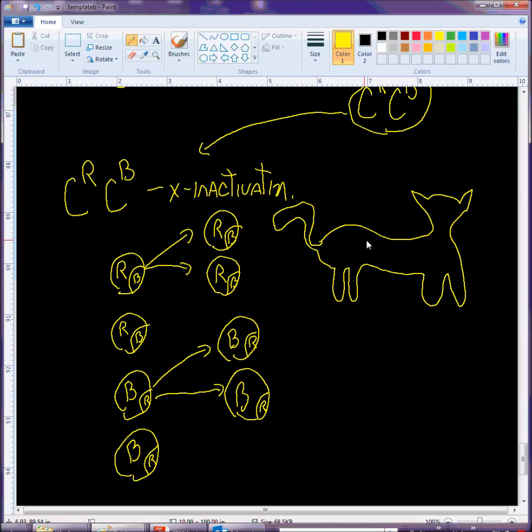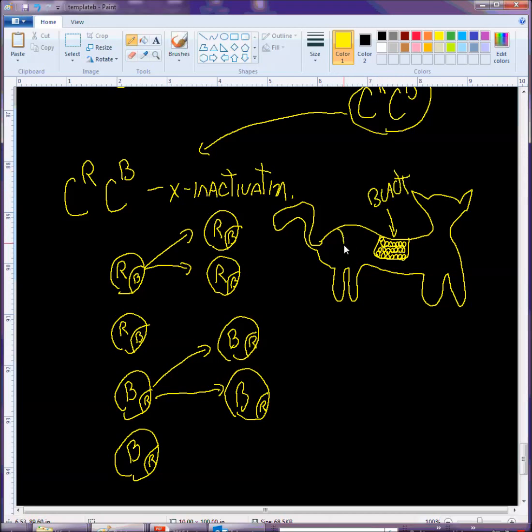Okay, here's our cat, and if we have a patch here with a bunch of cells, the closer the cells are together, the more likely they came from the same parent cell. So that's why we can have a patch of pigment cells here that all produce, let's say, black. So we got a black patch there.